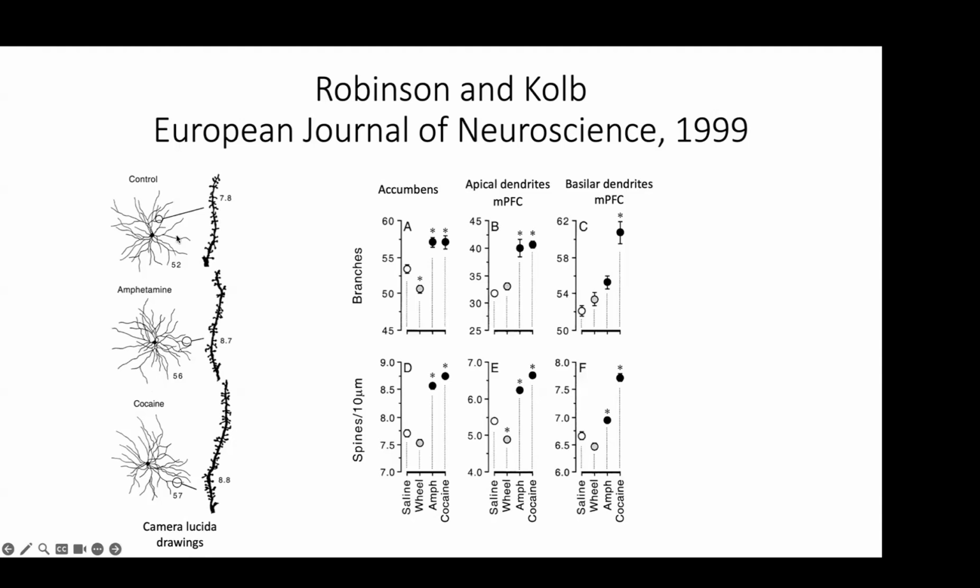They did this in rodents 1 month after the last administration of cocaine, and they saw that for both the dendritic branches and the spines count, they saw an increase in numbers in the nucleus accumbens and in apical and basilar dendrites of the medial prefrontal cortex.